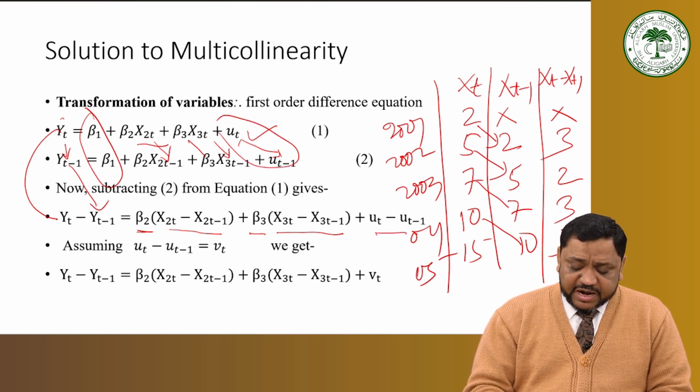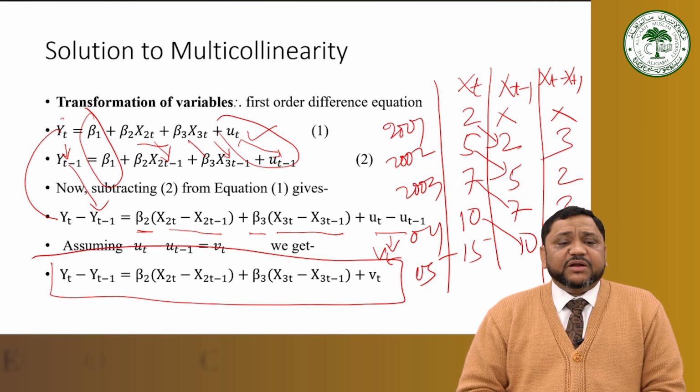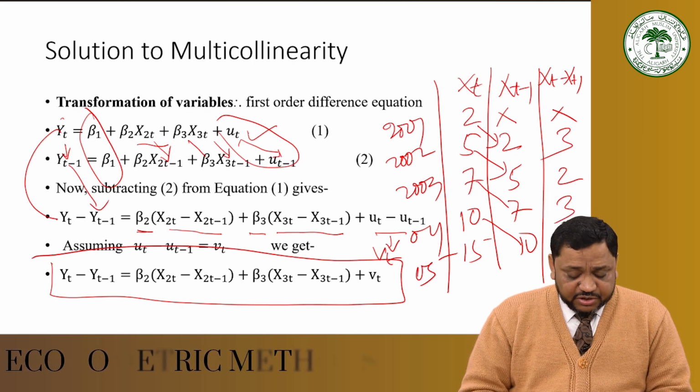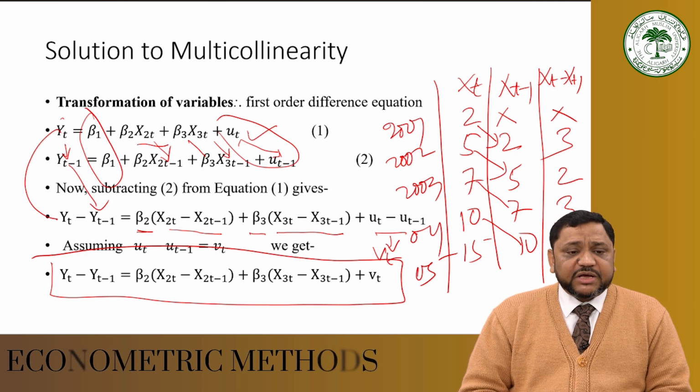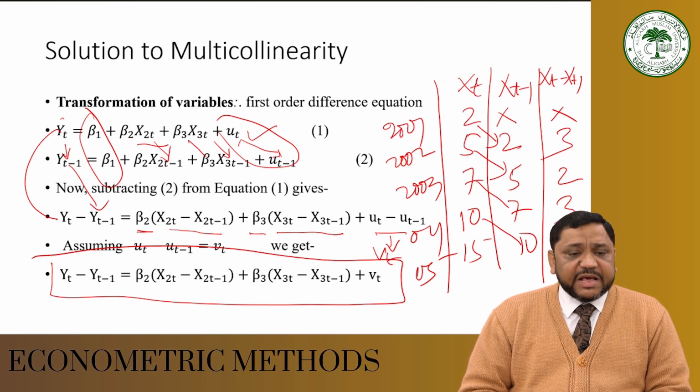We assume this ut minus ut minus 1 as a term vt. So we can write this as beta 2 bracket x2t minus x2t minus 1 plus beta 3 bracket x3t minus x3t minus 1 plus vt.